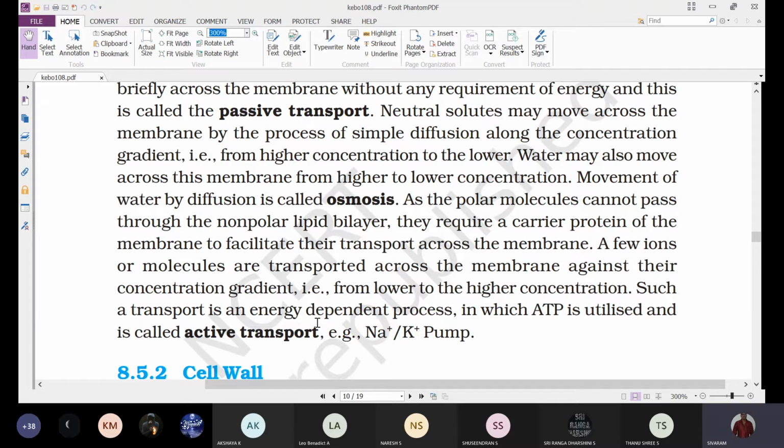So initially the absorption of glucose from the lumen of the intestine into the blood will occur by diffusion, followed by facilitated diffusion. But after a certain period of time, as more and more glucose enters the blood, the concentration of glucose in the blood increases. So now the concentration of glucose in the blood is more than in the intestine.